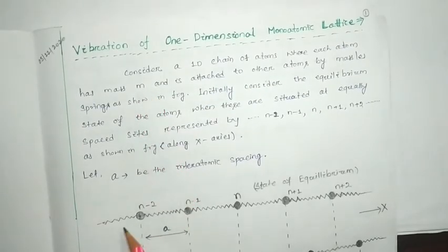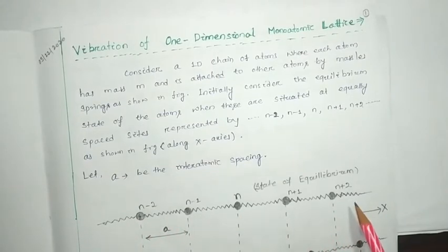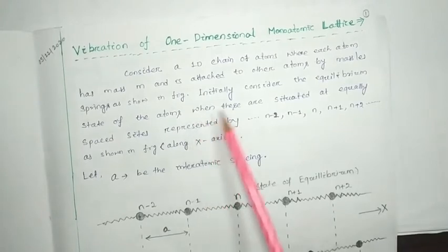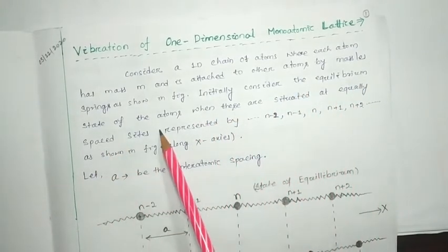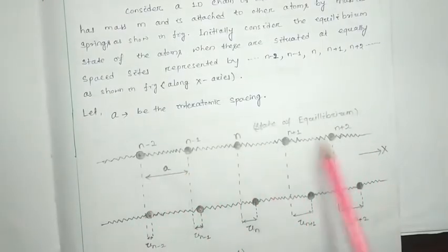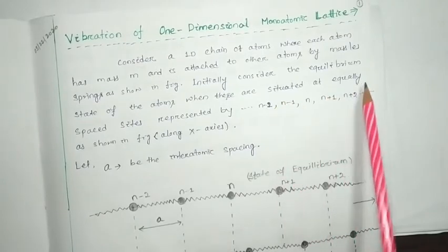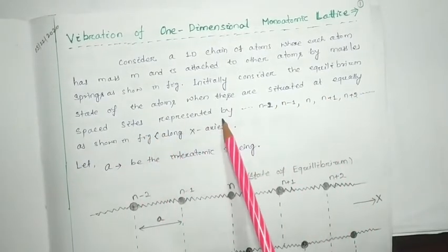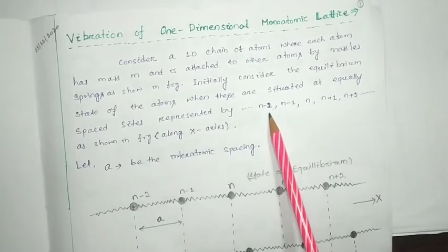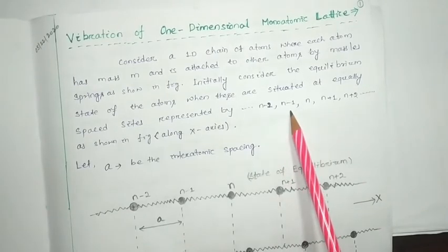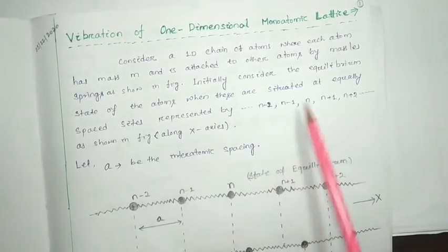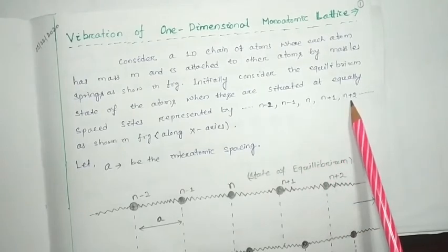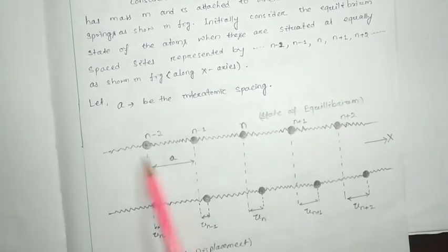Here we have considered the one-dimensional chain of atoms. Initially consider the equilibrium state of the atoms. So this is the state of equilibrium, when the atoms are situated at equally spaced sites represented by n minus 2, n minus 1, n, n plus 1, n plus 2, like that, along the x axis.